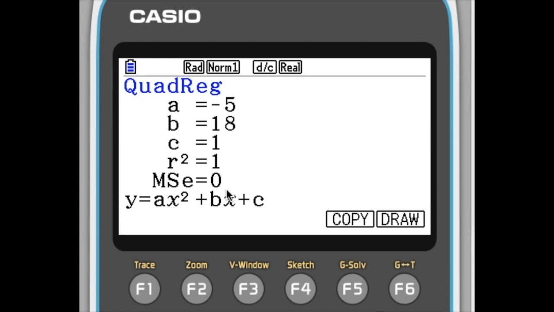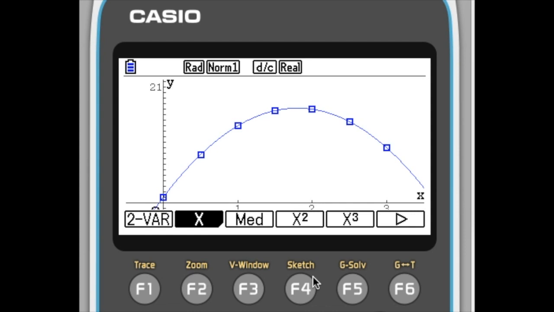The value of 0 here, of course, indicates that we've again got a very good fit. Draw will show the whole thing on a graph. And so what we've got here is a quadratic model fitting these data perfectly.